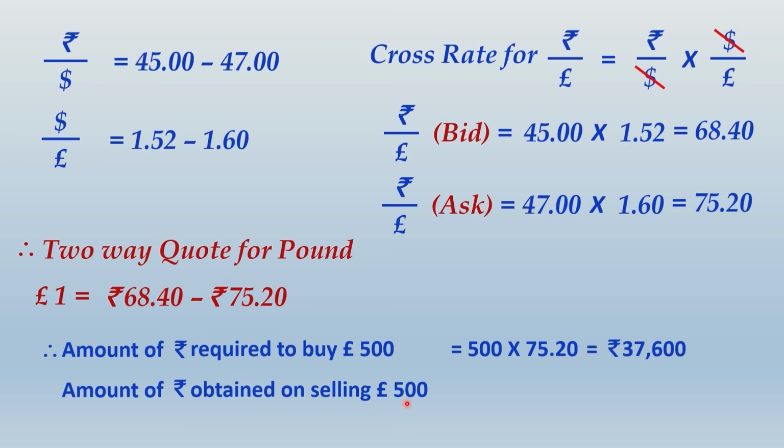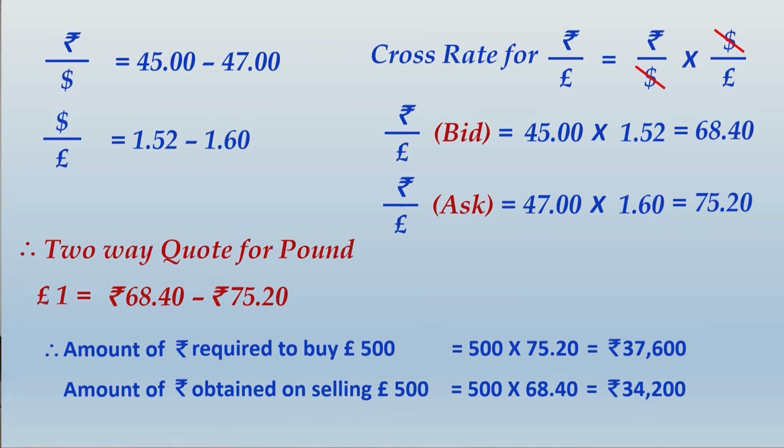When you sell pounds, you will be applying bid rate, of course. So bid rate of pound is 68.40. So 500 gets multiplied to 68.40, and what you get finally is rupees 34,200. So that was the end of the solution.